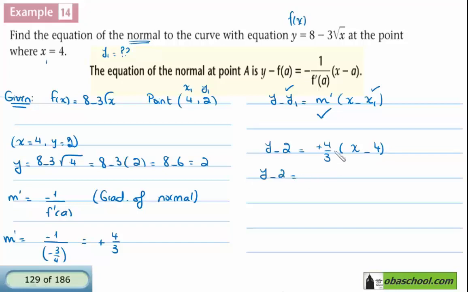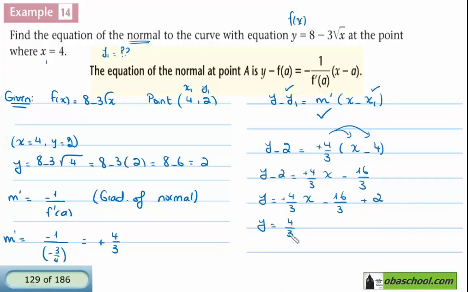Y minus 2 equals 4 over 3 times x minus 4 multiplied by 4, is 16 over 3. Therefore, this is equal y equals 4 over 3 x minus 16 over 3 plus 2.